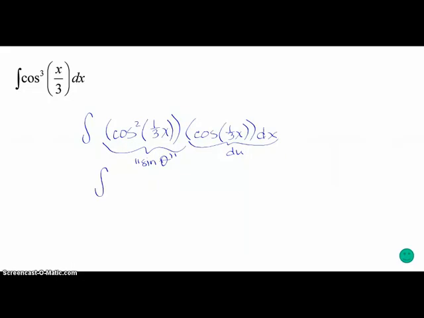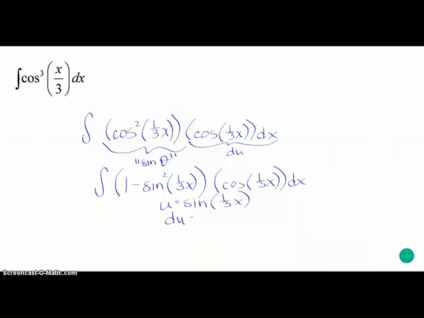So I can use u substitution. So this is going to be equivalent to 1 minus the sine squared of the angle measure 1/3 x, sine squared, times cosine of the angle measure 1/3 x dx. And sure enough, if u is the positive sine of 1/3 x, then du, derivative of the outside, not changing the inside, times the derivative of what's inside, and there is du.